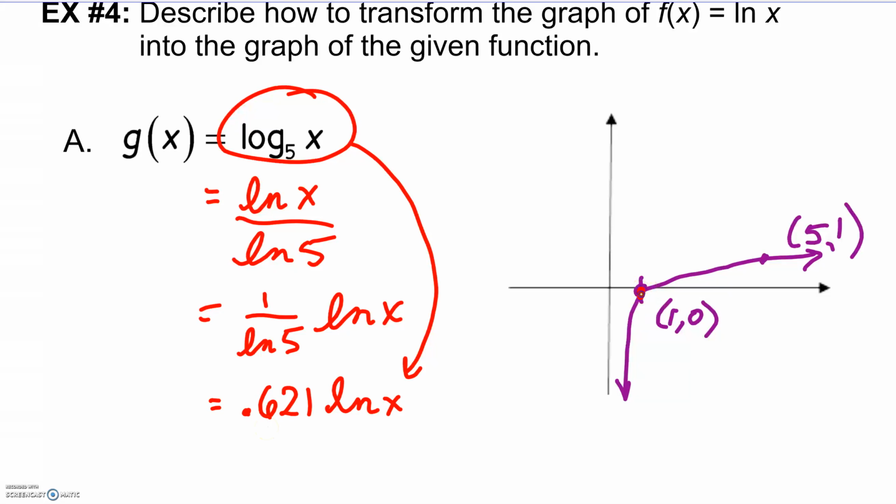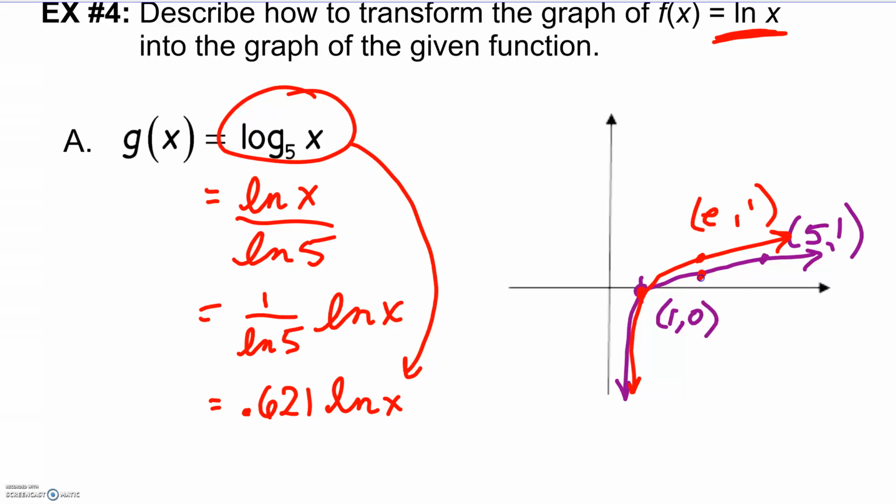So we know that the natural log of x is a graph that goes through (1, 0), and it also goes through the point (e, 1), looking something like this. And if you have log base 5 of x, you just take this graph and shrink it by a factor of 0.621, and then you would get these points.